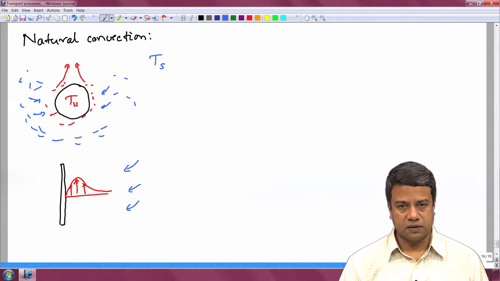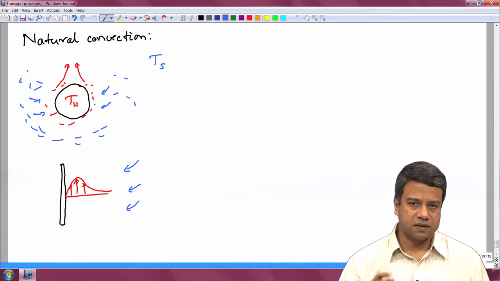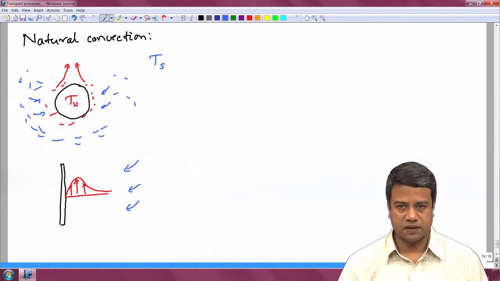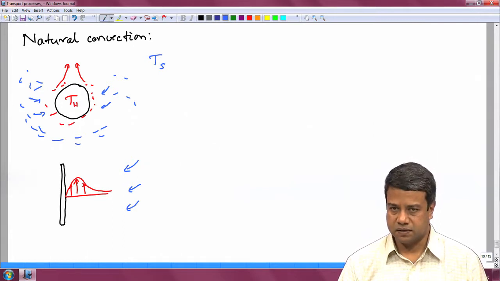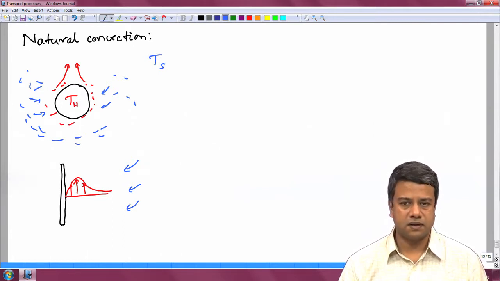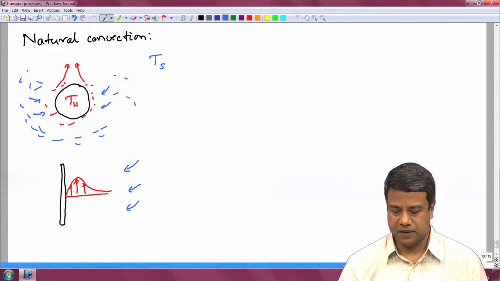And in order to model this, now there is no imposed velocity here in contrast to the forced convection problems that we had considered so far. The velocity is generated automatically due to the temperature difference and the consequent density difference.